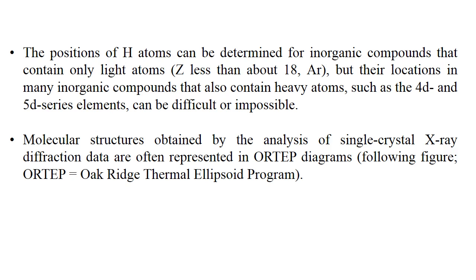The problem lies with the small number of electrons on an H atom, just one, which is often reduced even further when hydrogen forms a bond to other atoms. Other techniques such as neutron diffraction can often be applied to determine the positions of hydrogen in inorganic compounds.